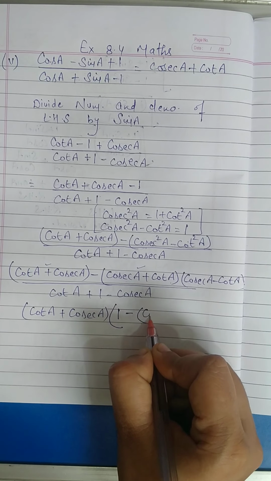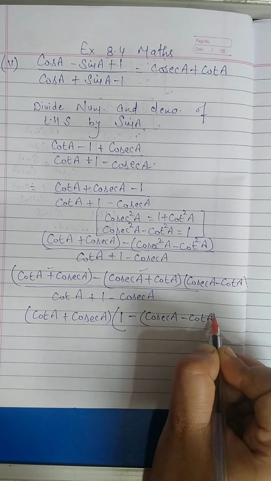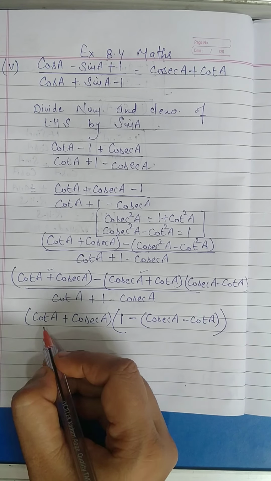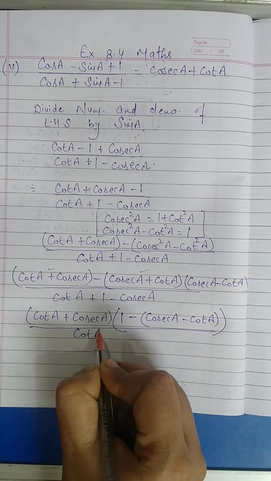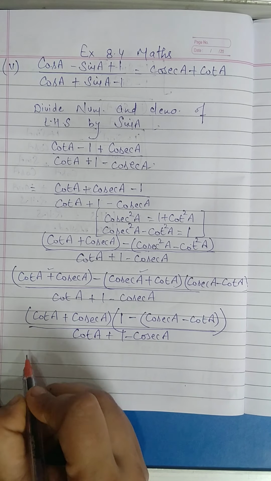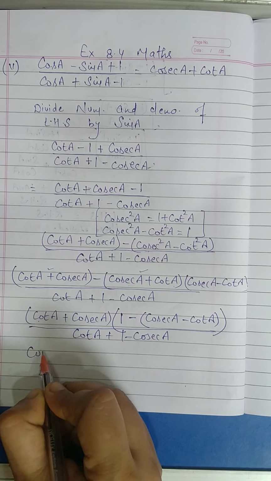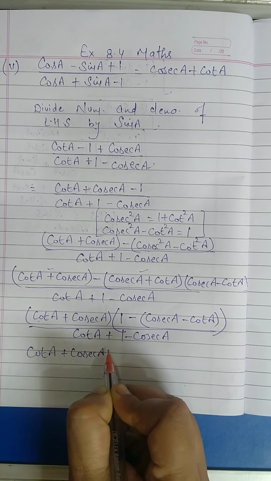Here what is left? The cosecant A minus cot A is left. And the same denominator, cot A plus cosecant A minus 1. This one is the answer.